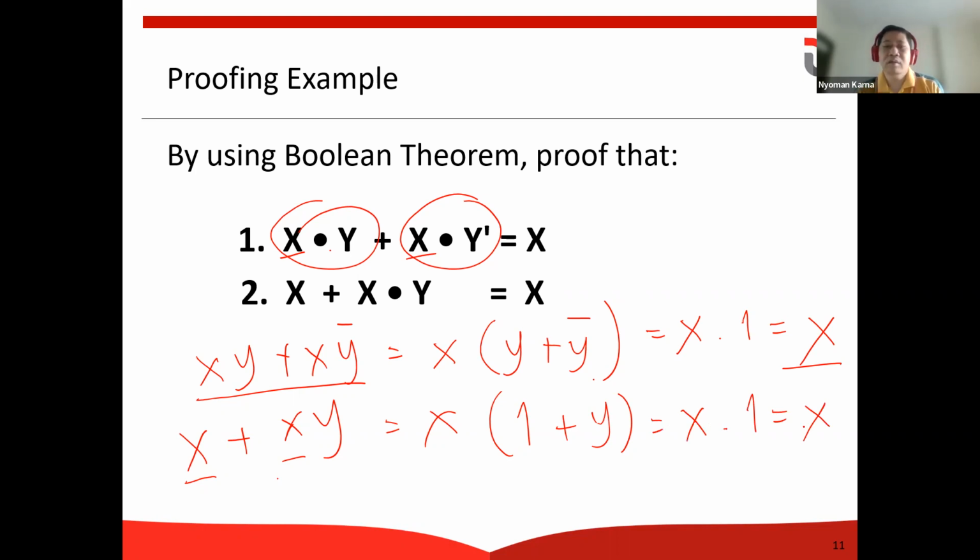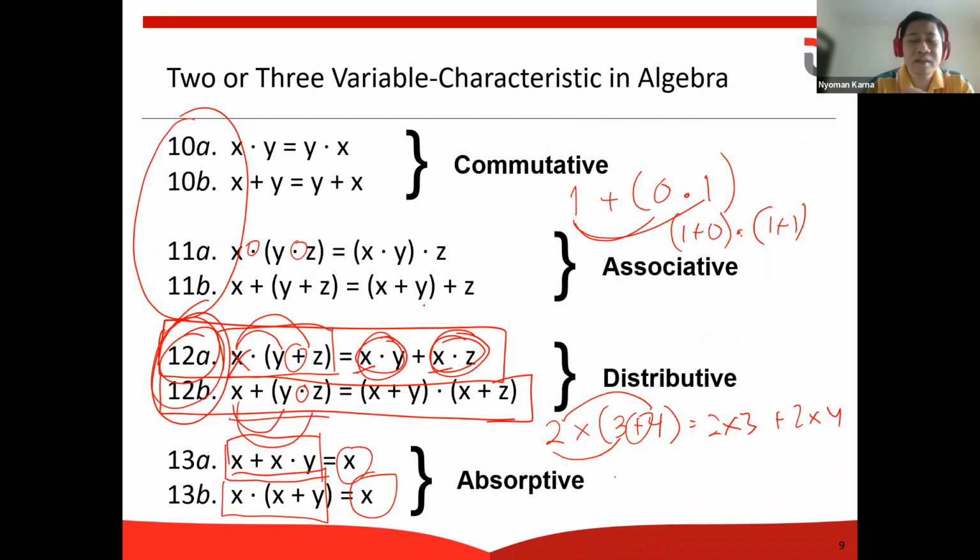Or we can use another way for the second example by using the distributive law, but different. Remember about this, x plus xy is actually similar to this, 12b. X plus yz is actually x plus y times x plus z.